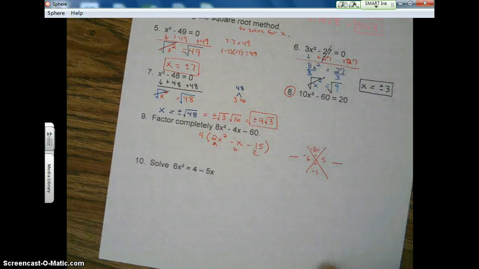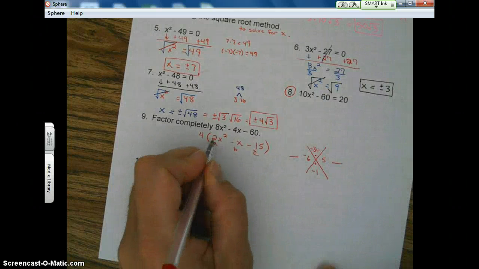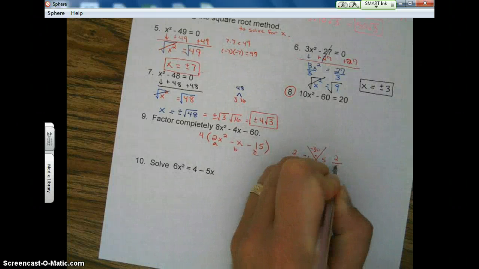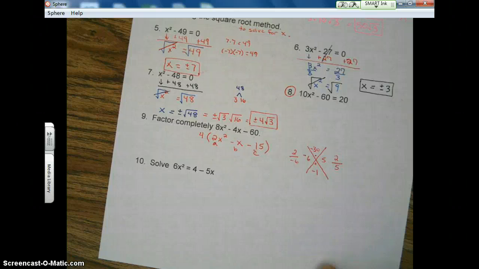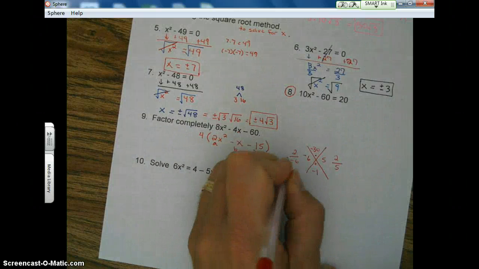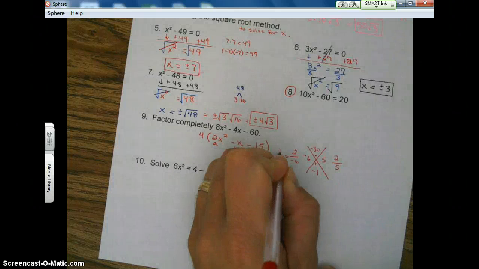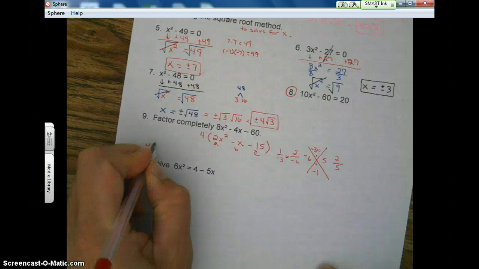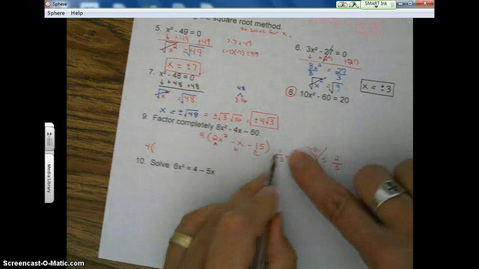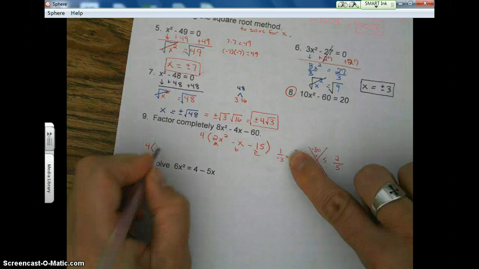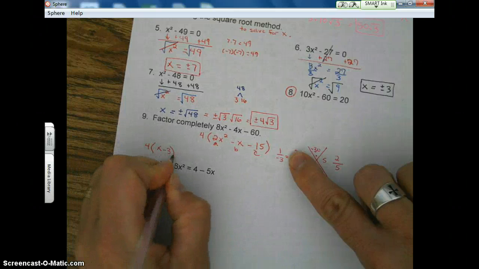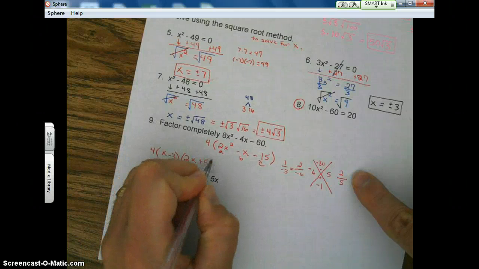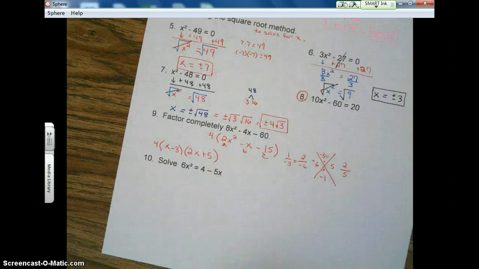Writing my two ratios. Remember, my a value goes on top. My factor goes on the bottom. Reduce, if possible. So 4 is a factor, so that stays down here. First one's going to be 1x minus 3 and 2x plus 5. And we factored it.